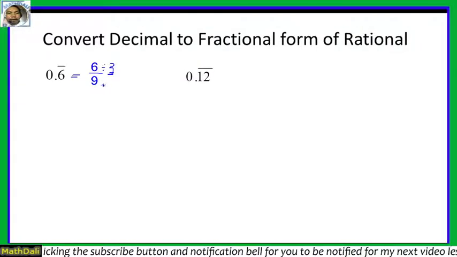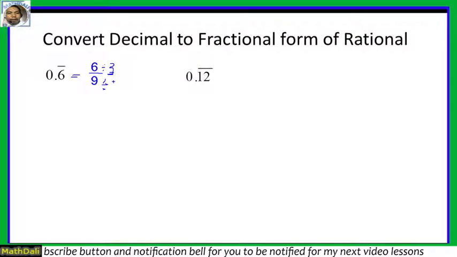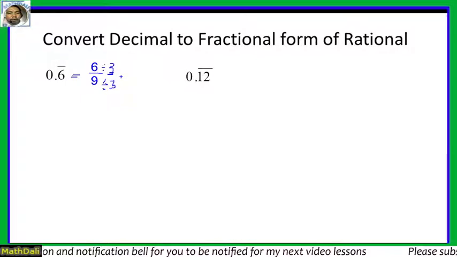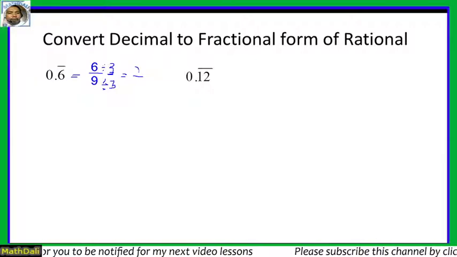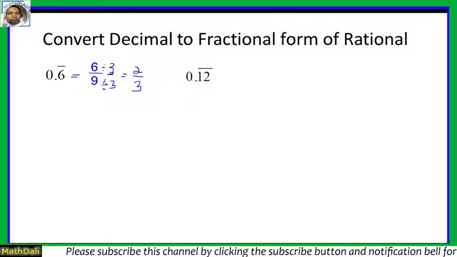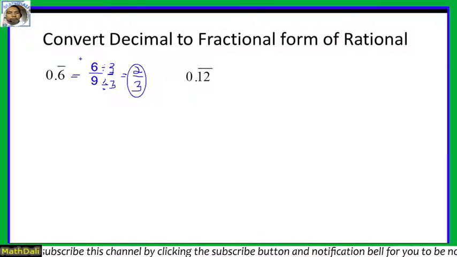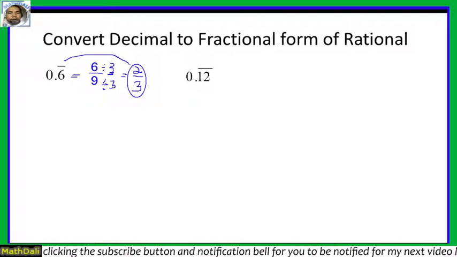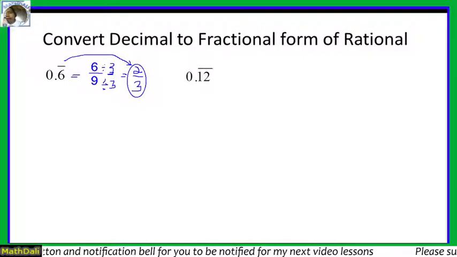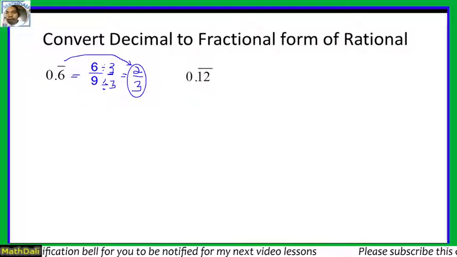And even the denominator, divide din natin to ng 3. 6 divide nyo sa 3, that will be equal to 2. And we have 9 divide nyo sa 3, that is equal to 3. Okay, so yan. So yung fractional form ng continuous or repeating decimal ay 2/3. Yan. Pag dinivide nyo to, ang lalabas doon ay 0.666 yan, continuous.